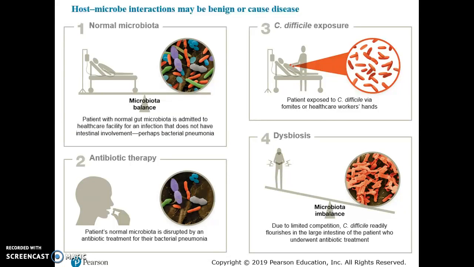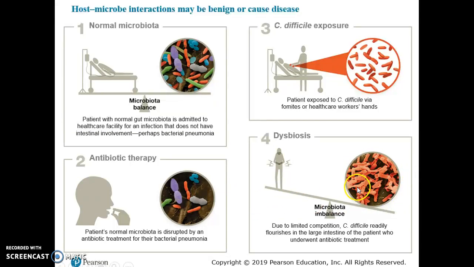There's the idea that some individuals may actually have a small amount of C. diff in their gut, held at very low numbers, and in low numbers, it's not pathogenic. But here, if this person gets inoculated with C. diff, there's a lot of room. And so that C. diff can get into this area and basically have a party. Brand new scenario, lots of nutrients, lots of space, and it grows up at high number.